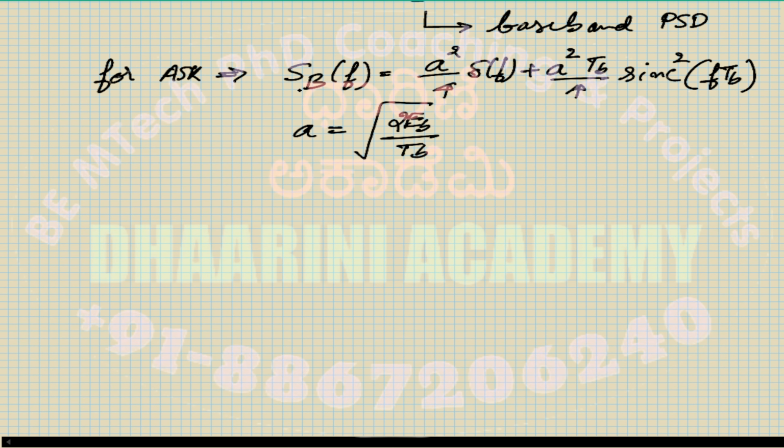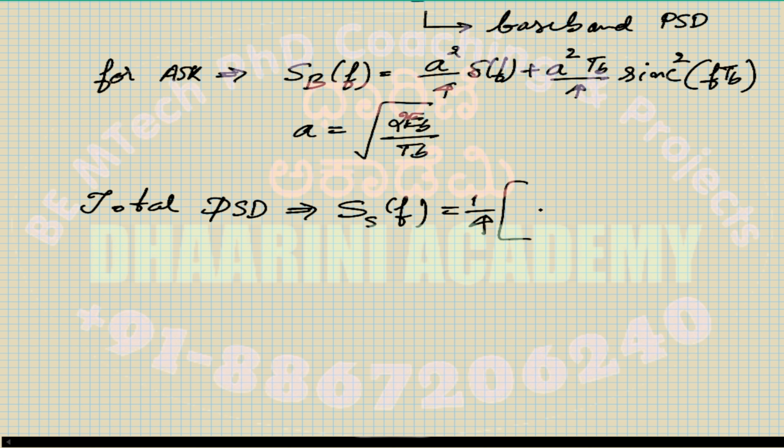Anyway, if this is SB of F for the given ASK, then we can prove that SS of F, which is the total PSD, is given by, while this is the baseband PSD: SS of F is equal to 1 by 4 times SB of F minus FC plus SB of F plus FC.